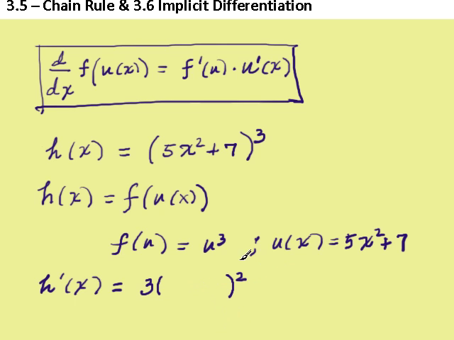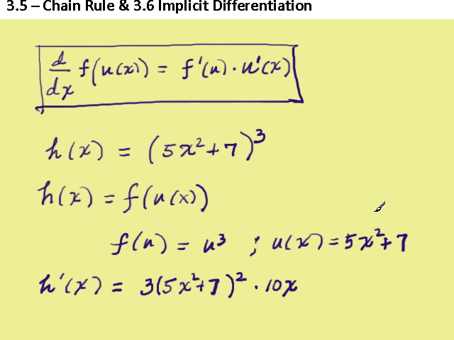Instead of writing u here, I'm going to fill in with what u is equal to. So that's the f prime of u part. And then u prime of x, we're going to just take the derivative of this, and that's 10x. So we'll multiply by 10x. So that's how we do the derivative of this composite following the chain rule.